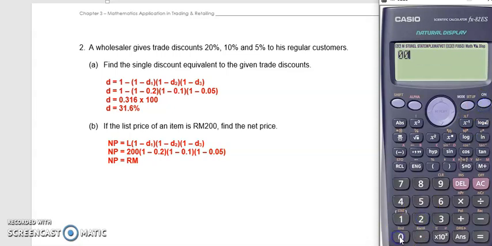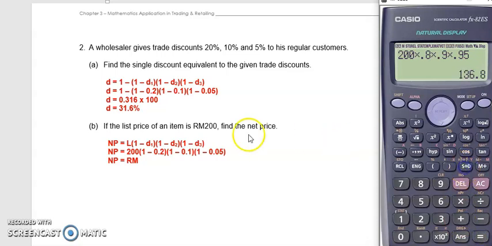So net price equals RM 200 multiplied by 1 minus 0.2, which is 0.8. Multiply 0.8 by 1 minus 0.1, which is 0.9. Multiply by 1 minus 0.05, which is 0.95.